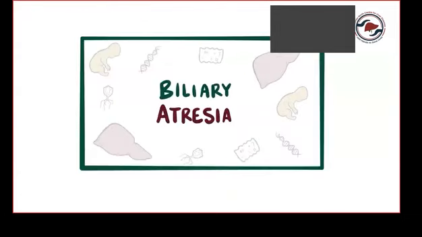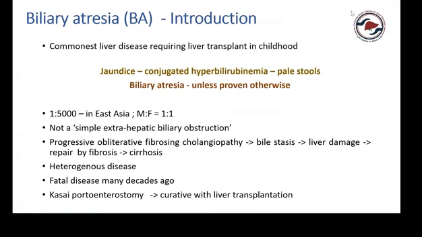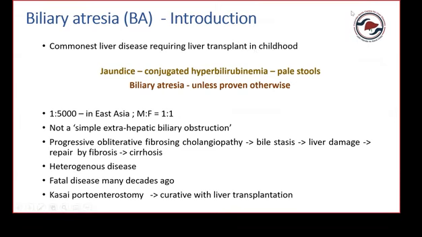So from here on, I'm going to discuss biliary atresia. So let's have a look at the general facts about biliary atresia. It is the commonest disease requiring liver transplant in childhood. Jaundice, conjugated hyperbilirubinemia, pale stools: I would say biliary atresia unless proven otherwise.